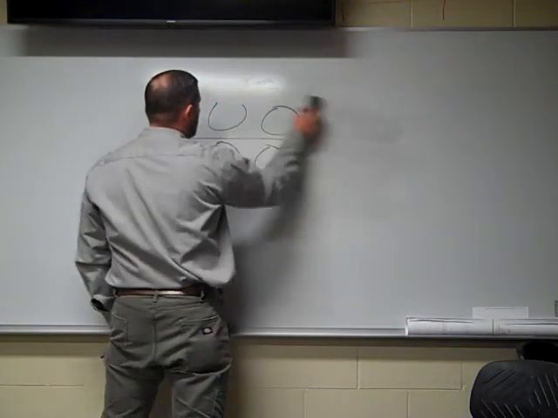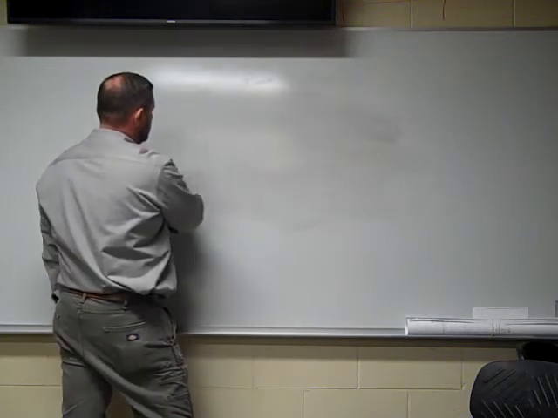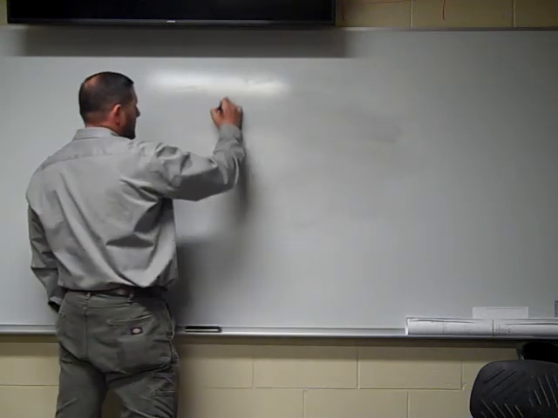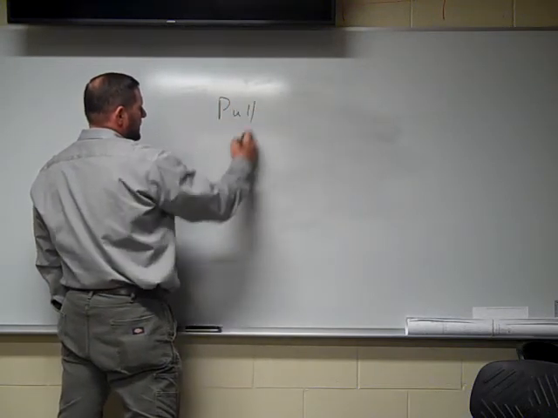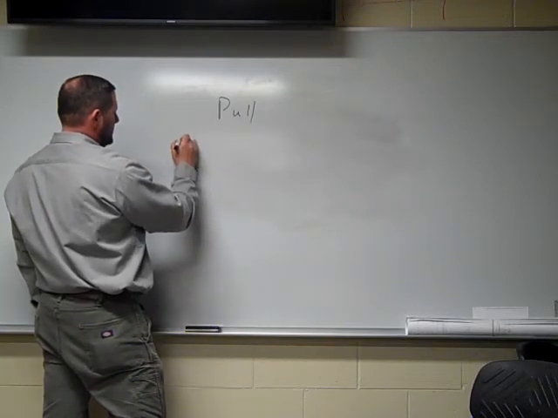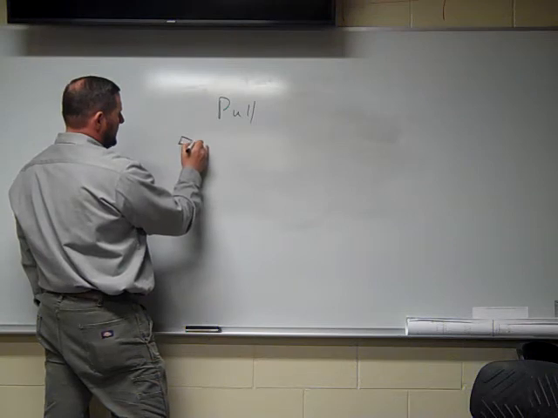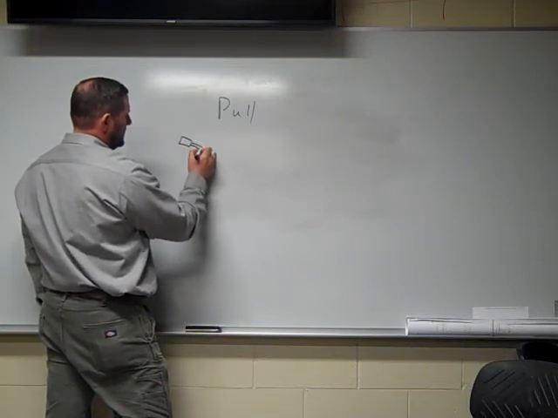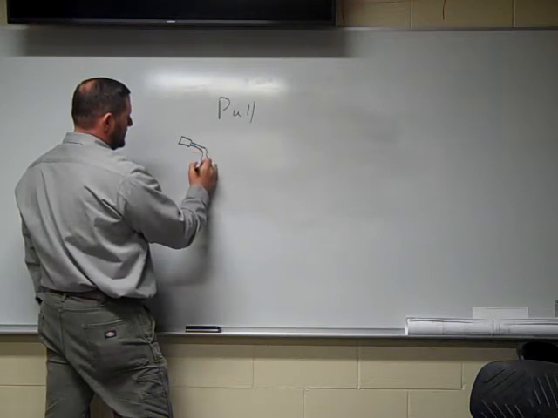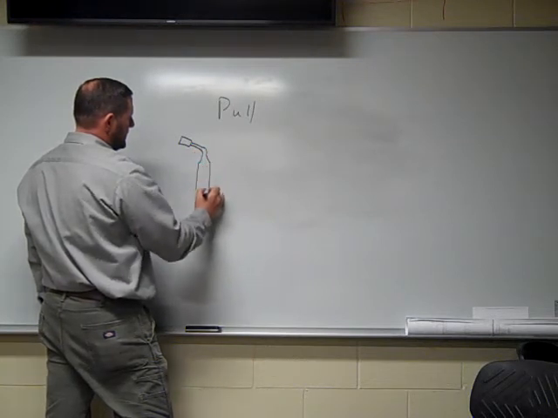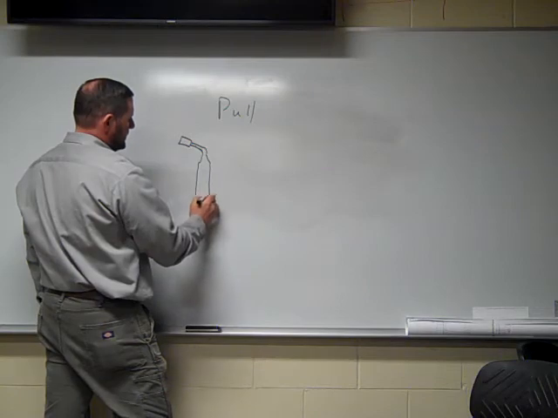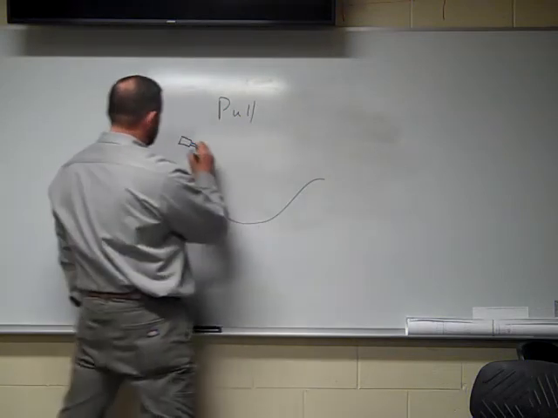A pull system. So if this is my welding nozzle, here's my nozzle. Don't laugh at my artwork. And it comes down, something like this. And this goes to the welder.